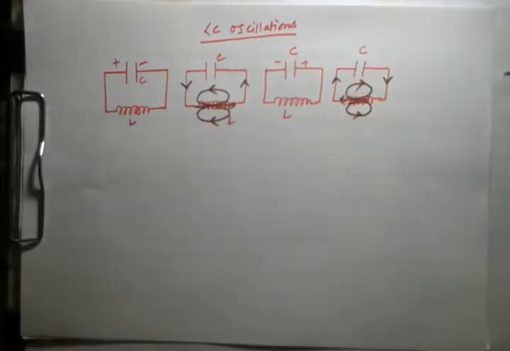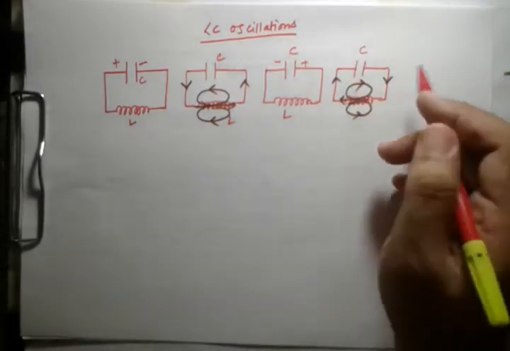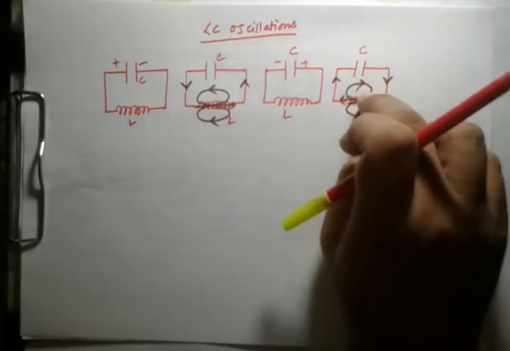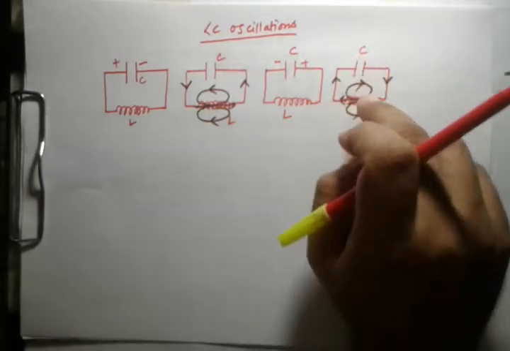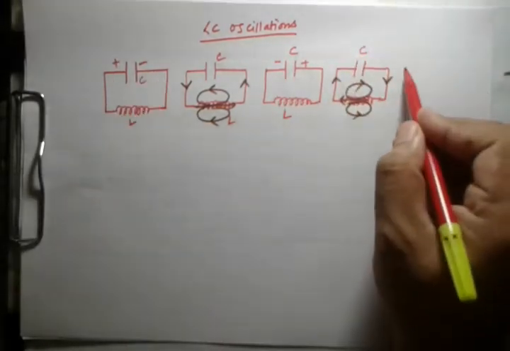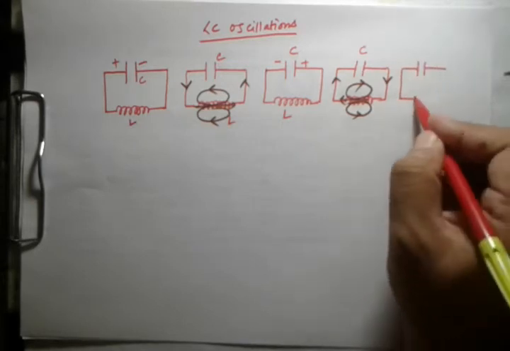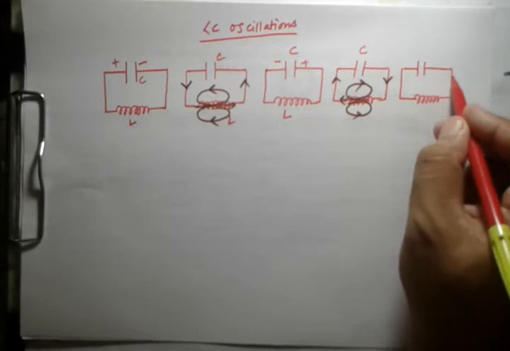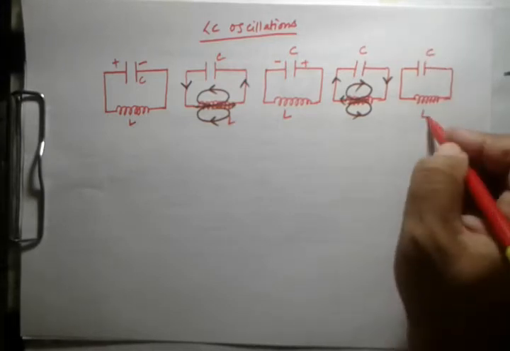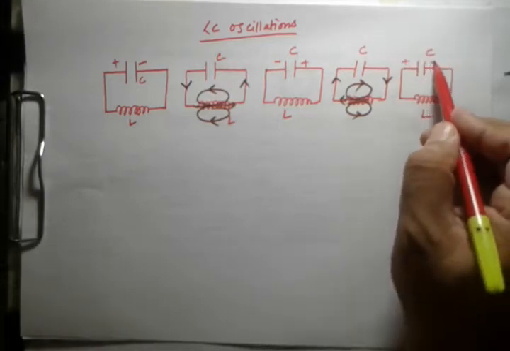Again in the next picture, this energy will again charge the capacitor, and the capacitor will go to the initial condition, like this. See, this one is plus and minus.